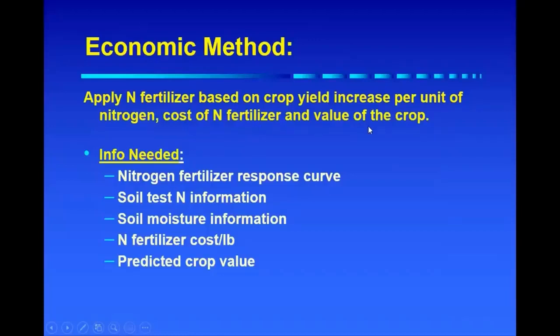So what information do we need? First of all, we need a nitrogen fertilizer response curve that's fairly accurate for the soil area that you're in. You need soil test nitrogen information. For dryland farmers, it's nice to know your soil moisture, because we have developed curves for 2, 4, and 6 inches of stored soil moisture. And then you want to know the cost of your nitrogen fertilizer and your predicted crop value.